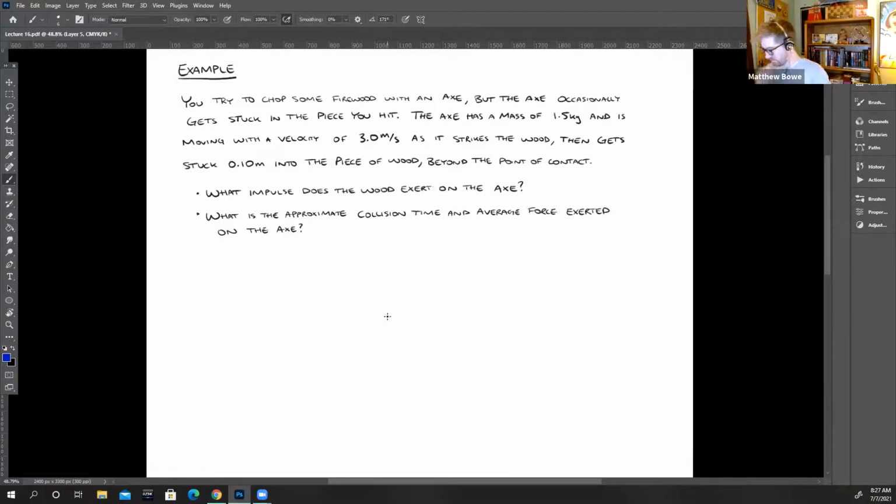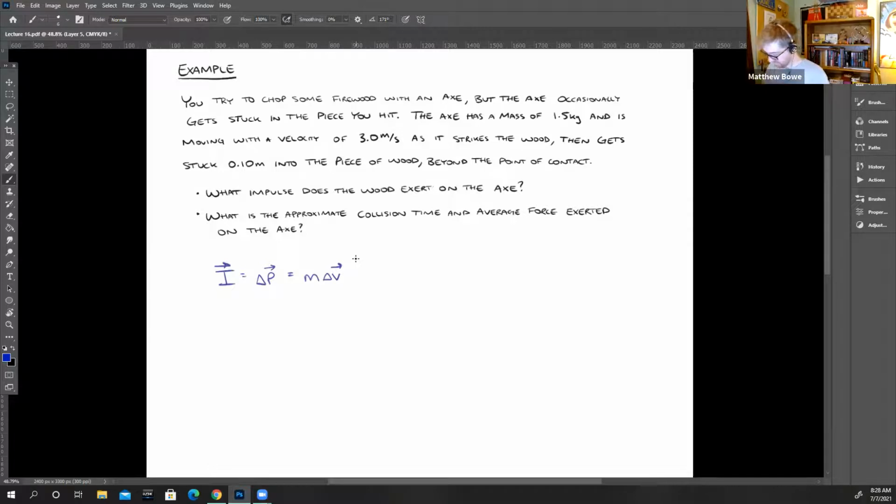So let's start. I believe we have everything we need. The impulse is just the change in momentum of this axe, which is mass times change in velocity.